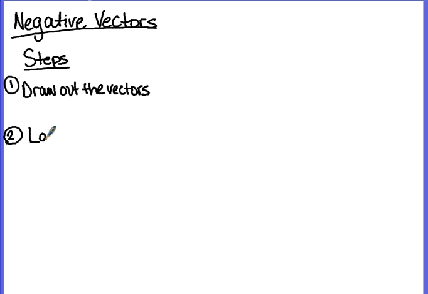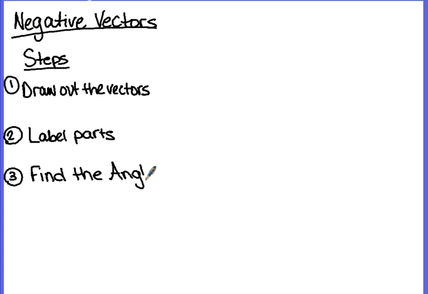The second step, to label the parts. Step 3, find the angles. Step 4, find the added vectors. All right, so we're talking about vector addition again.